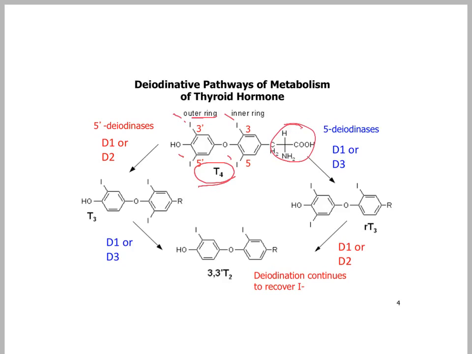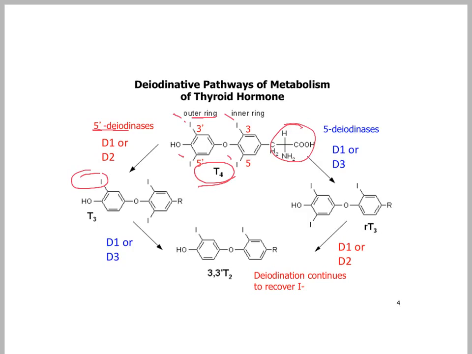Let's deal with, going left, the activating forms of the enzyme, which are 5' deiodinase. So we call these, basically 3' and 5' are equal sites. So when we say 5', that could be either one of those iodines being plucked off and turning into T3, and we will learn the T3 is more active than T4, so this is considered to be an activating step.